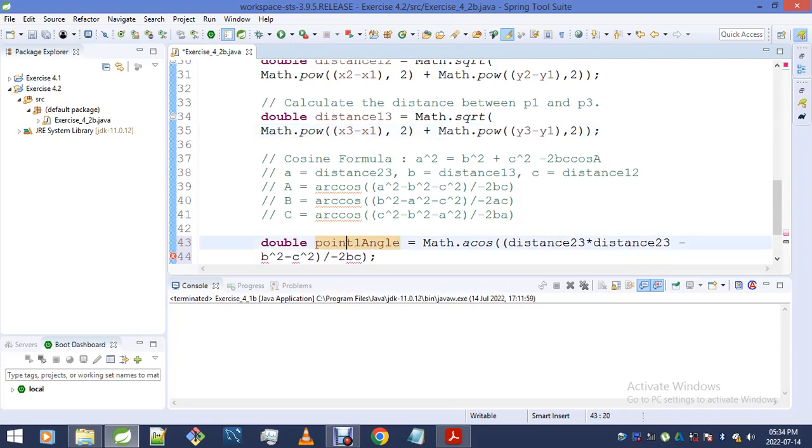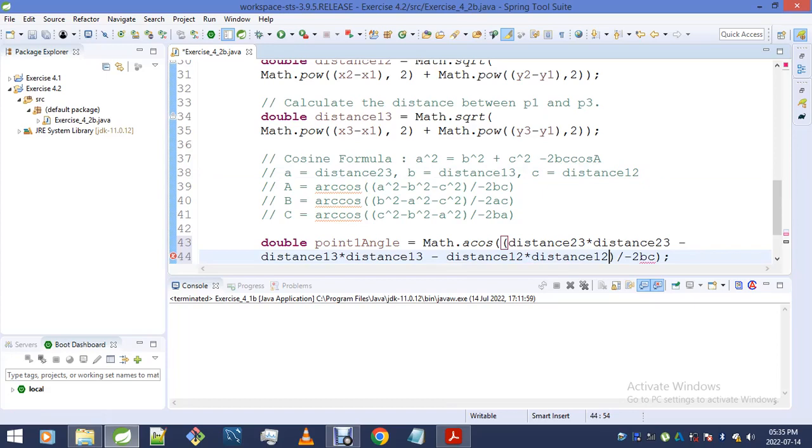Now let's replace b with the corresponding variable. I said b is distance 1, 3, the distance between 2 points. So b squared is gonna be the distance between point 1 and point 3 multiplied by the distance between point 1 and point 3. As for c, it's nothing else but the distance between point 1 and point 2.